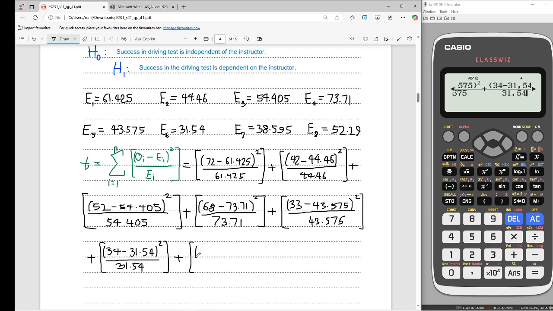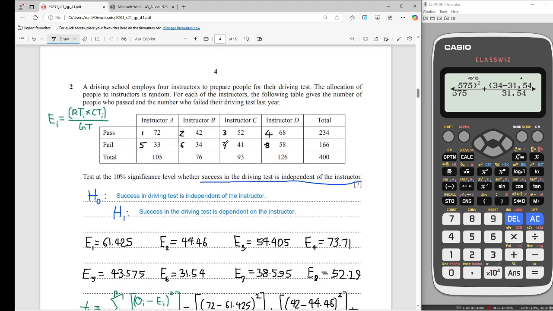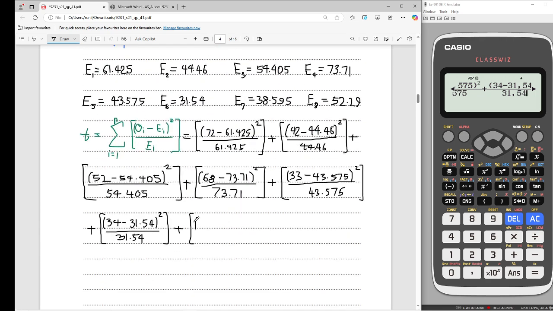Moving on with i equals 7. When i equals 7, our observed value is 41. This is a bracket, not 141. Minus the expected value, which is 38.595.